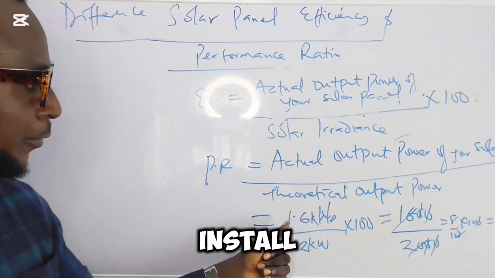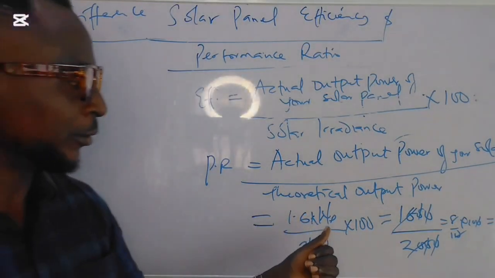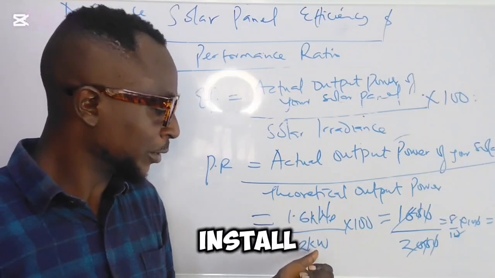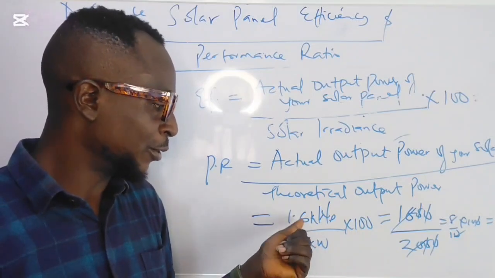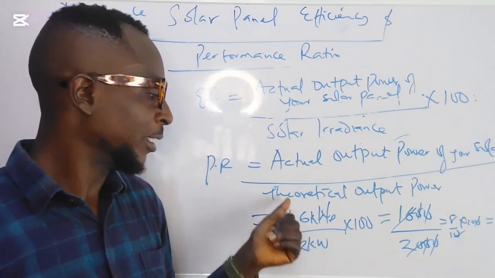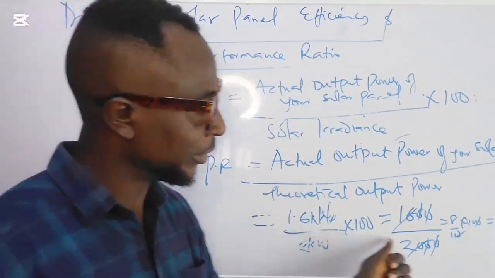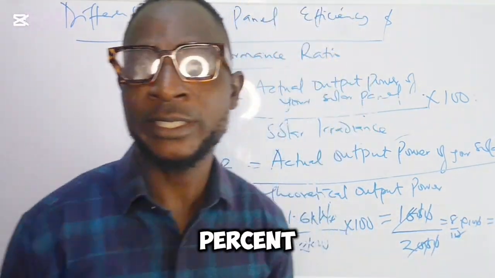So if you install a 2 kilowatt solar array and you are pulling out 1.6 kilowatt, it means the performance ratio of your solar system is 80%.